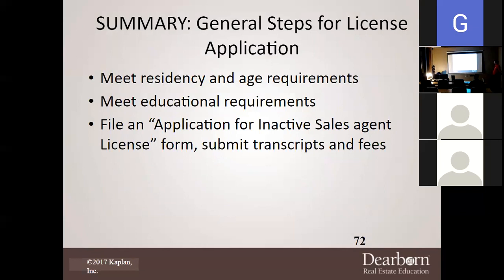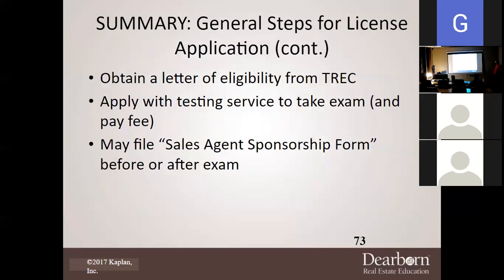So, the general steps for a real estate license application. You must meet the residency and the age requirements. You must meet educational requirements. And you'll have to file the application for inactive sales agent license form, as well as your transcripts and your fees. Okay.